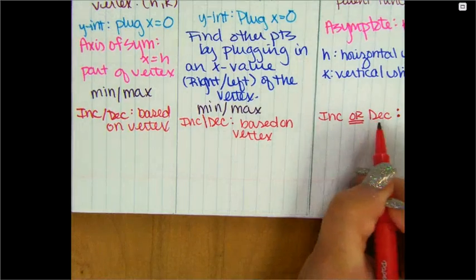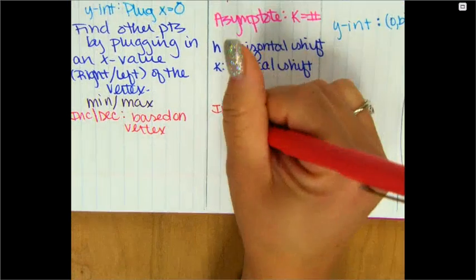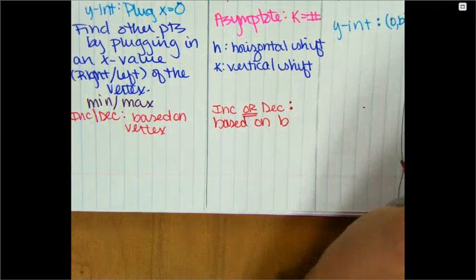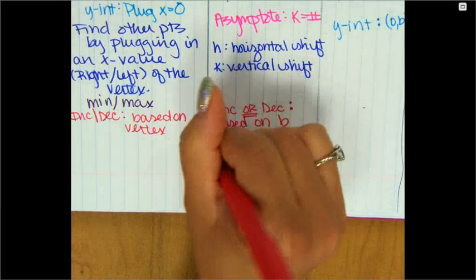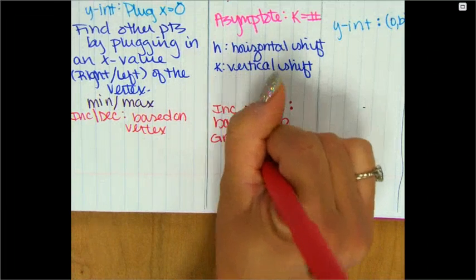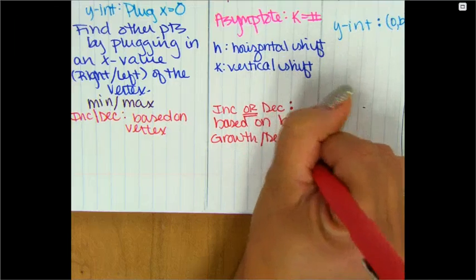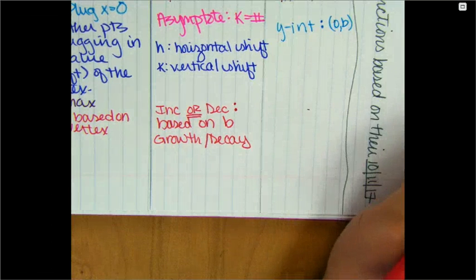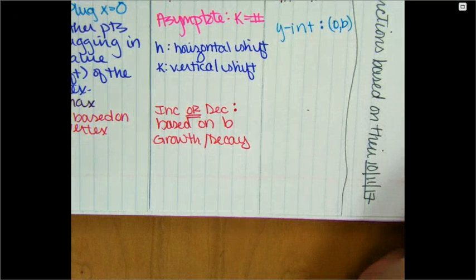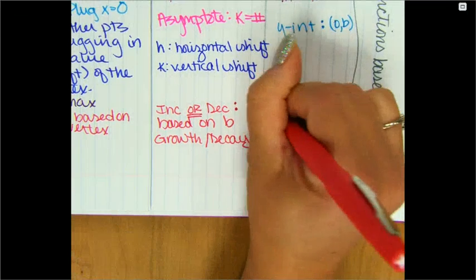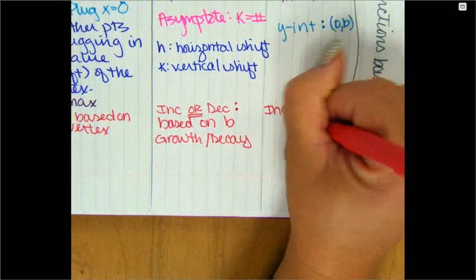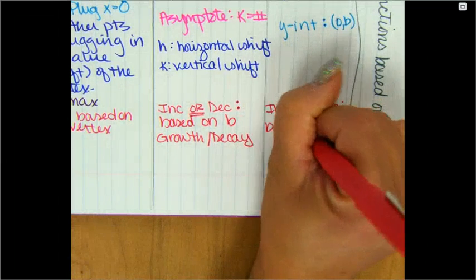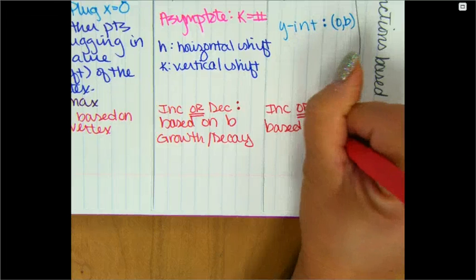So it's increase or decrease, not both, based on the b, which is your base, because it's either growth or decay. For a linear function, is it increase, decrease, or both? It's only increase or decrease. Why? What's that one based on? Very good, based on slope.